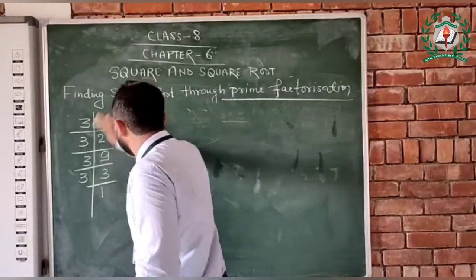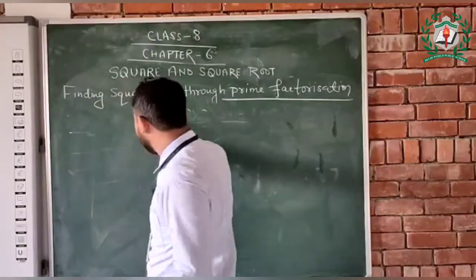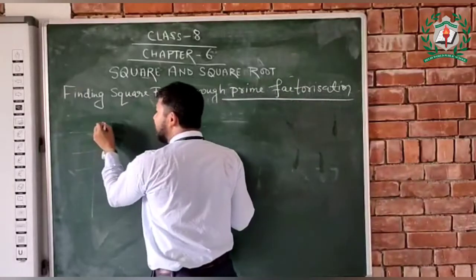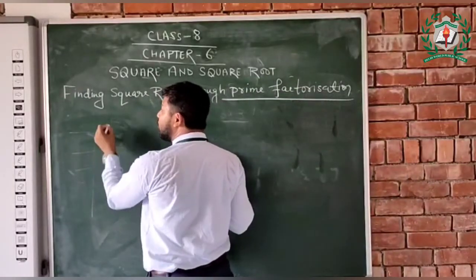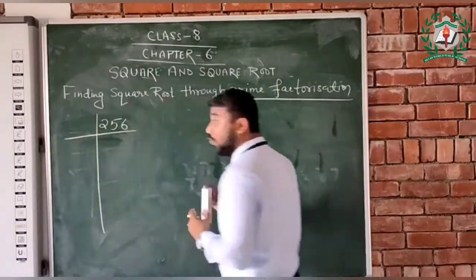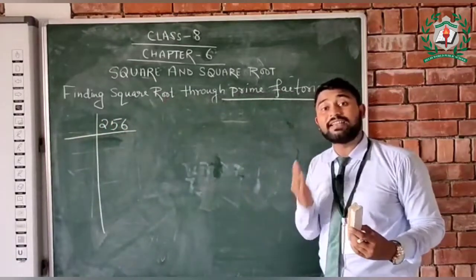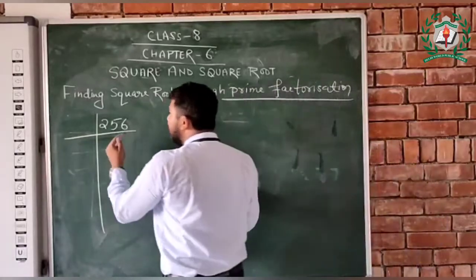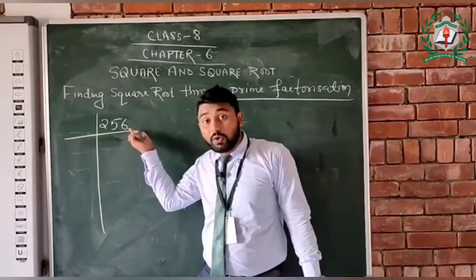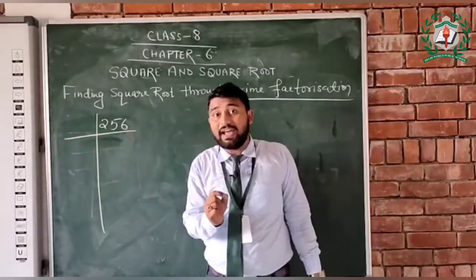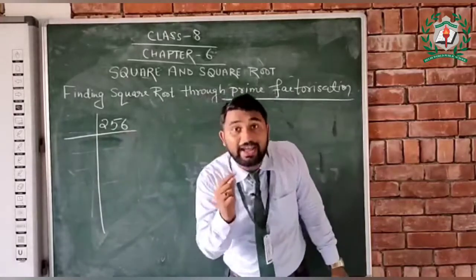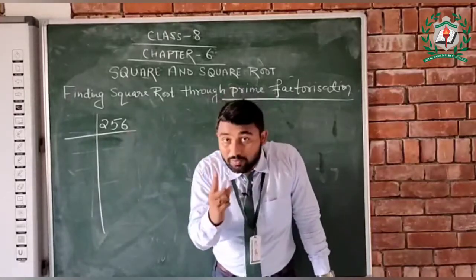Let's take one more example, then you can definitely understand what we are trying to solve. For example, you want to find the square root of 256 by the prime factorization. So 256, start from the 2. याद रहे, अगर यूनिट डिजिट इवन है तो फैक्टराइजेशन 2 से करेंगे, अगर यूनिट डिजिट ऑड है तो फैक्टराइजेशन 3 से करेंगे.